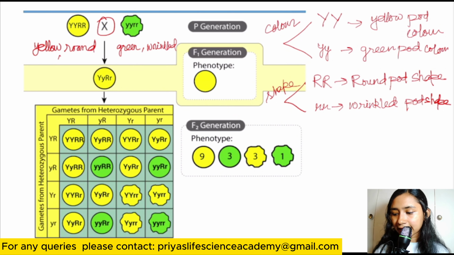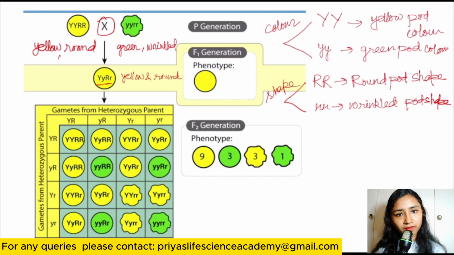We got capital Y, small y, capital R, small r genotype. And what will be the phenotype of the pod? Yes, you guessed right. Because capital Y is dominant over small y, the color of the pod will be yellow. And because capital R is dominant over small r, the shape of the pod will be round. So the phenotype will be yellow and round.